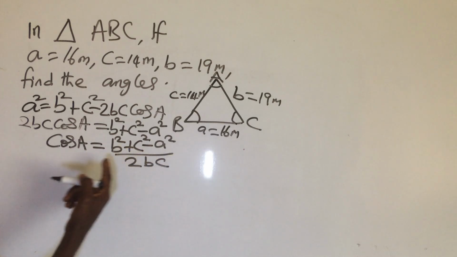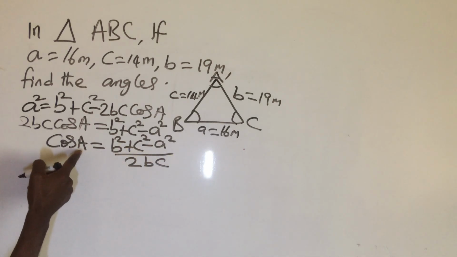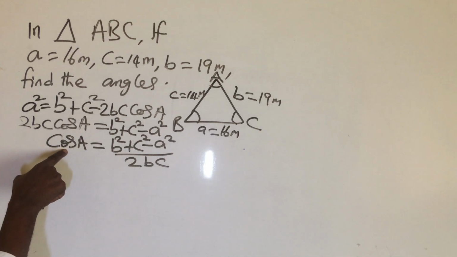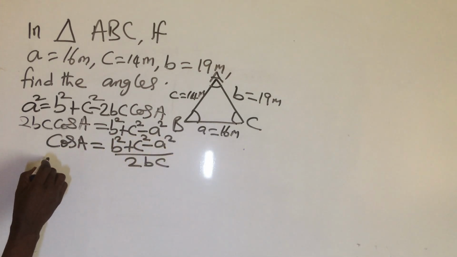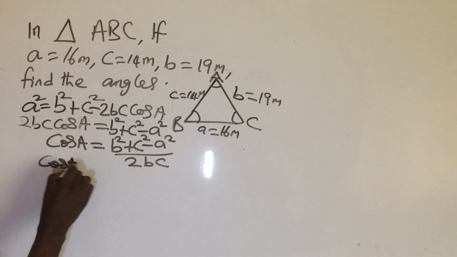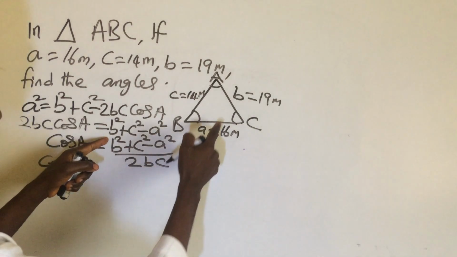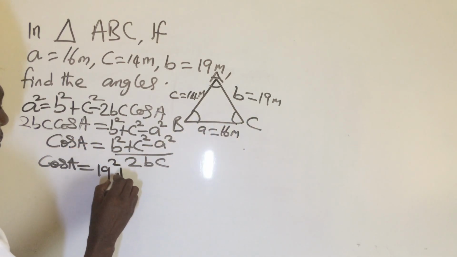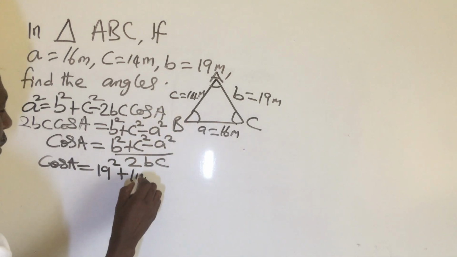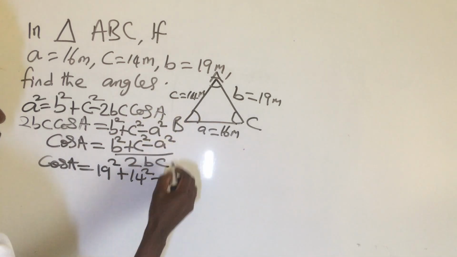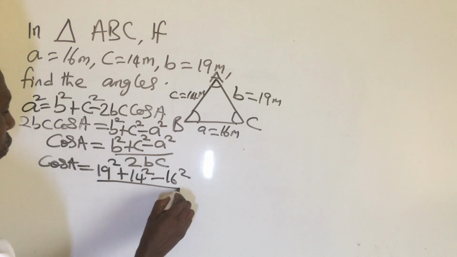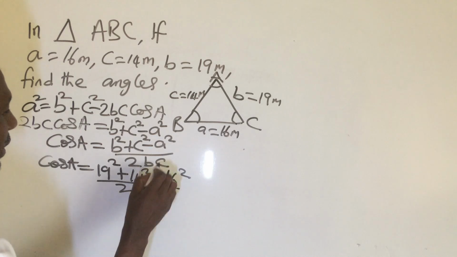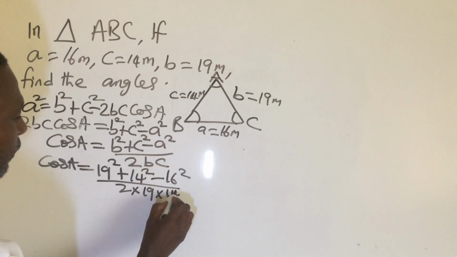Now let us finish calculating before we finally find angle A, by taking away the cos. All right, but now let us solve here first. Now we have cos A equals b squared, b squared is 19 squared, plus c squared is 14 squared, minus a squared is 16 squared, all over 2 times b, which is 19, times c, which is 14.